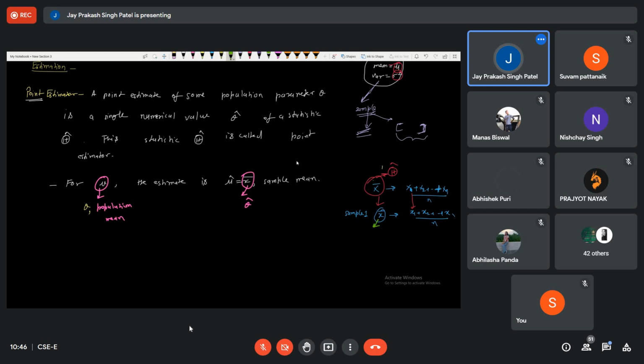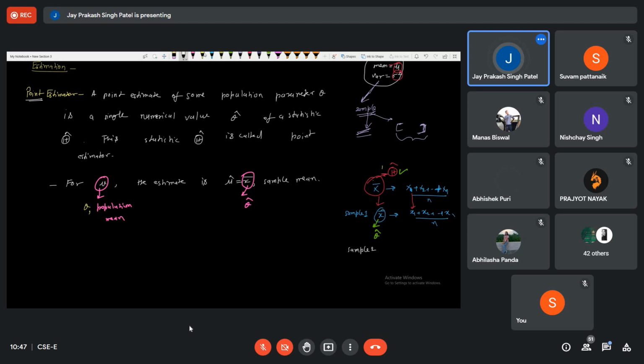This is now the theta hat. So this is the difference between estimator and estimate. This one, script theta hat, is the estimator. Here when we use the sample mean to estimate the population mean, this capital X bar is the point estimator of the population mean, and little x bar, the realization of capital X bar, is the estimate, right?